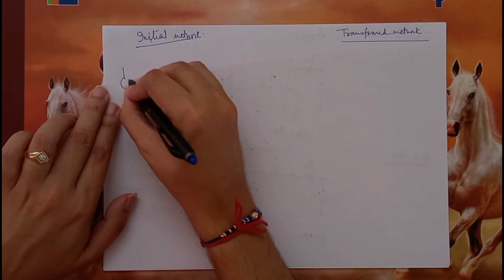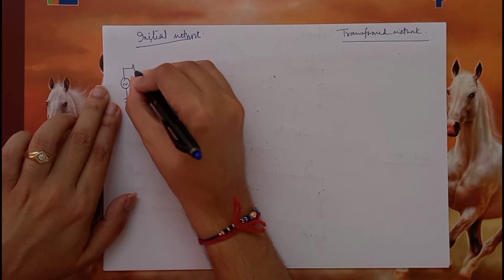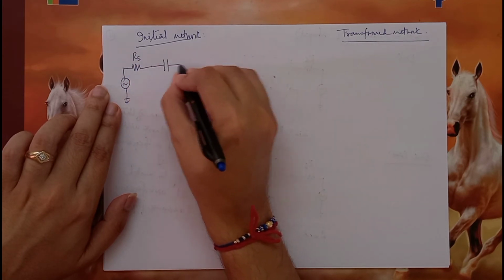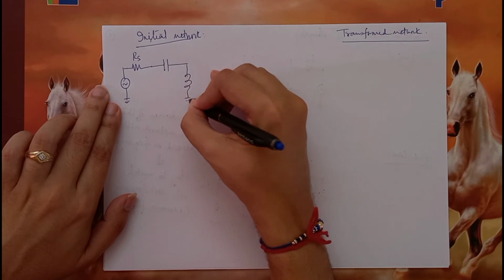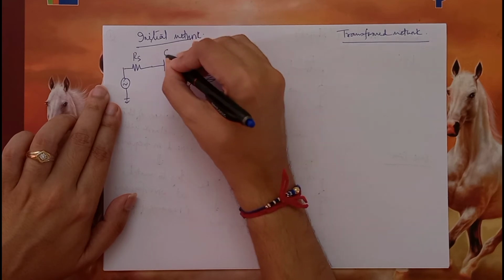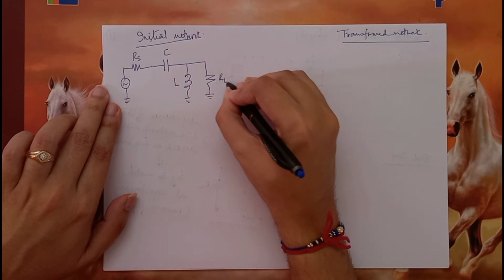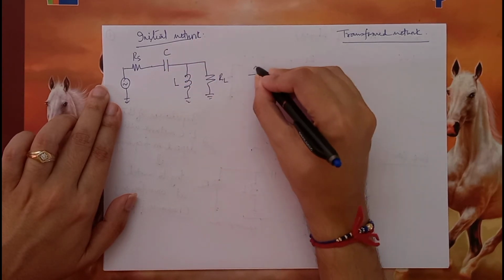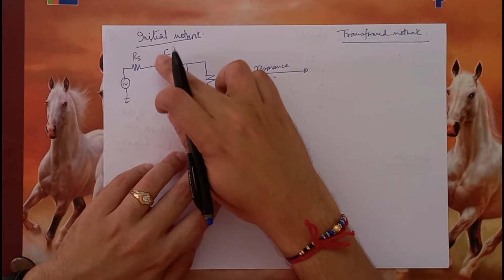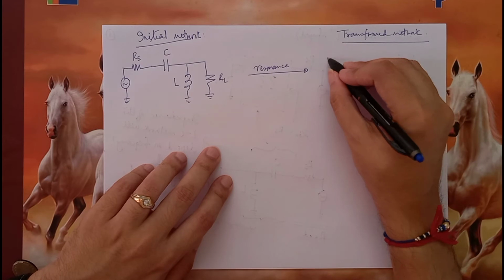The initial network is something like this. Once we transform it at resonance, we will keep the capacitor as it is.